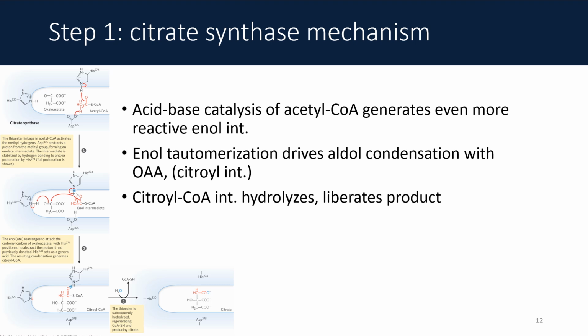The mechanism for citrate synthase is as follows. We have an aspartate serving as a general base. It is going to deprotonate a methyl group of all things, and that is going to upgrade this C-C bond into a double bond. In doing so, we are increasing the bond order of this carbonyl carbon. So what do we have to do to make it happy?